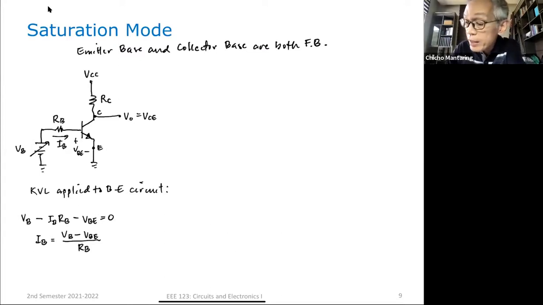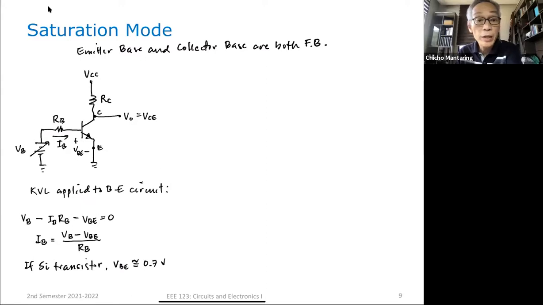So as I increase VB, I will increase IB. By the way, if this is a silicon transistor, just like the diode, VBE is approximately equal to 0.7 volts.